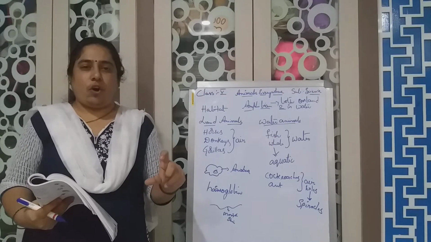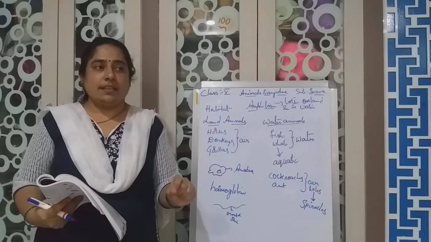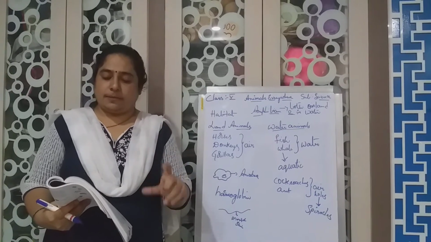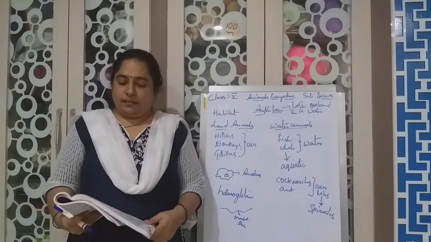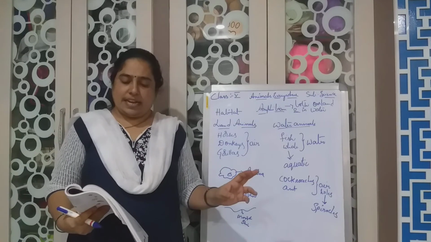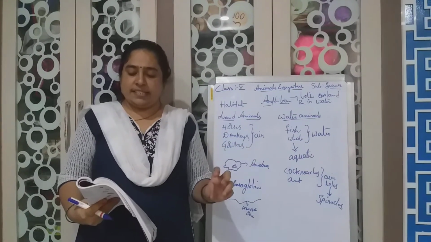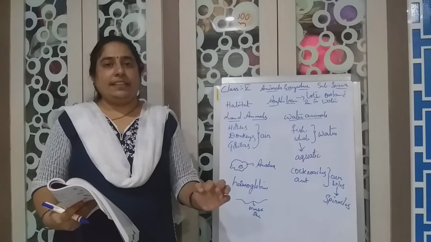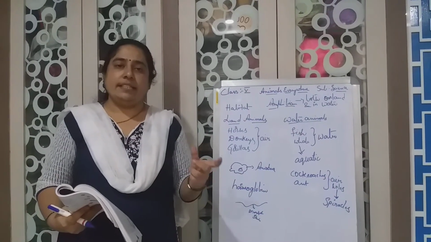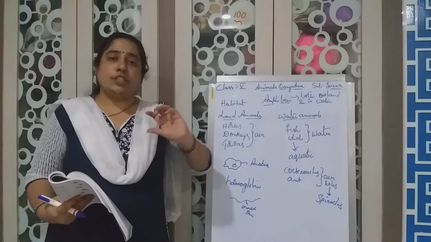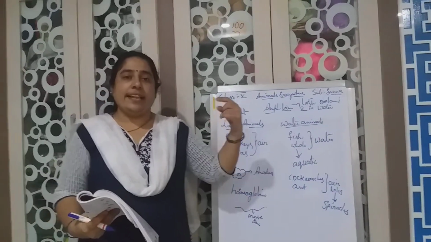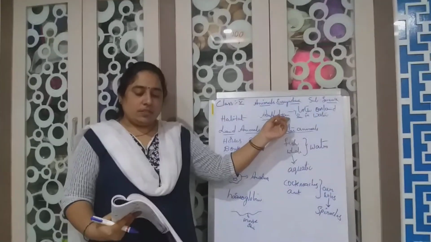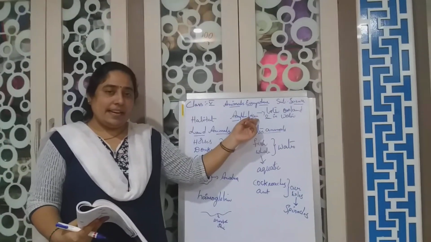A baby frog breathes through its gills, but an adult frog breathes through its lungs. An adult frog breathes through its lungs when it is on land and through its moist skin when it is in water. So it is called an amphibian.